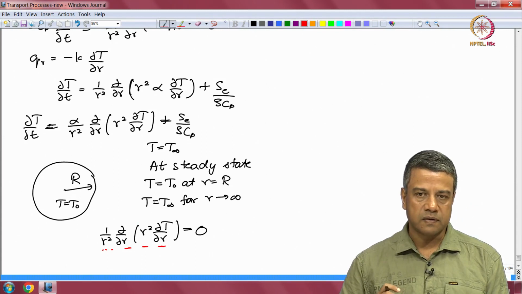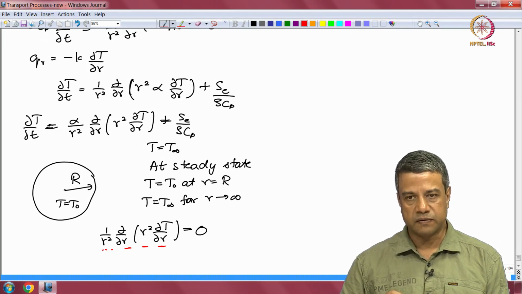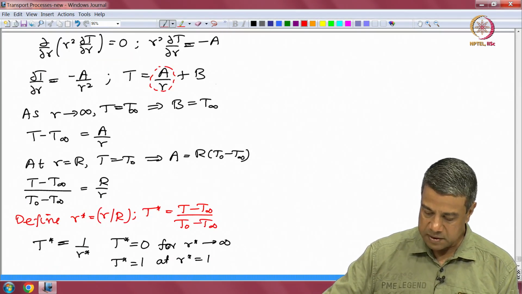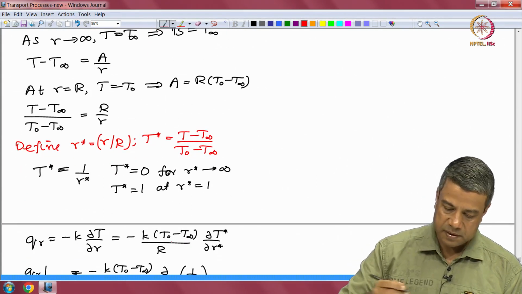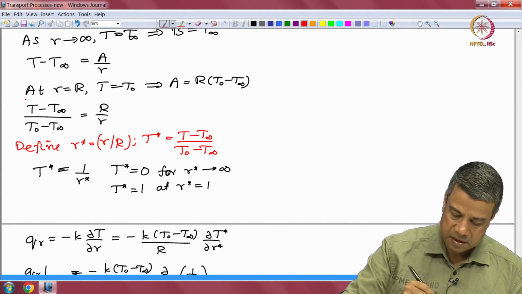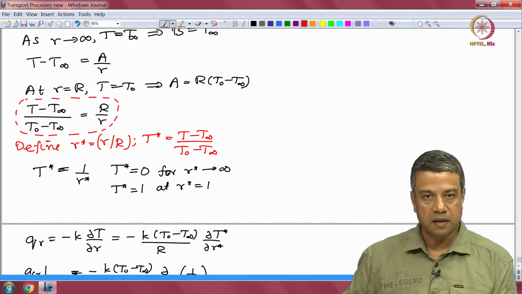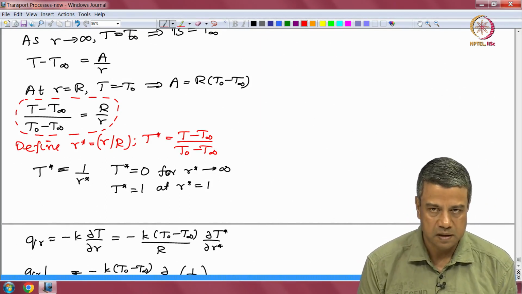This is valid, of course, for constant thermal diffusivity, because we have taken the thermal diffusivity out of the derivative. This can be solved to get an expression for the temperature. So, the temperature expression is something like this: T minus T infinity by T naught minus T infinity is equal to capital R by small r.